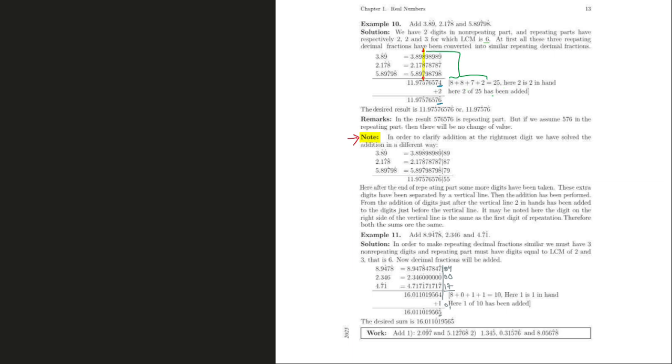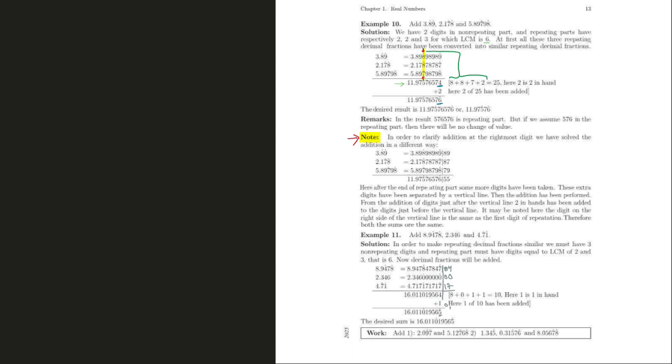Here the 2 of 25 has been added. So this is the result of the normal addition after converting the dissimilar decimal fractions to similar decimal fractions.